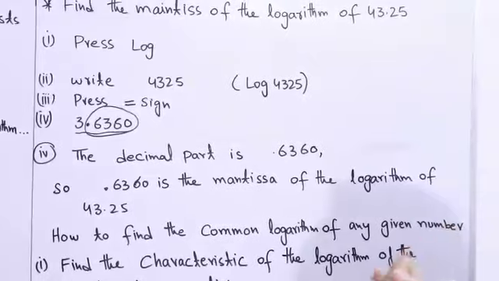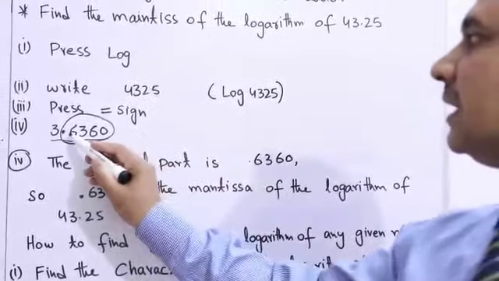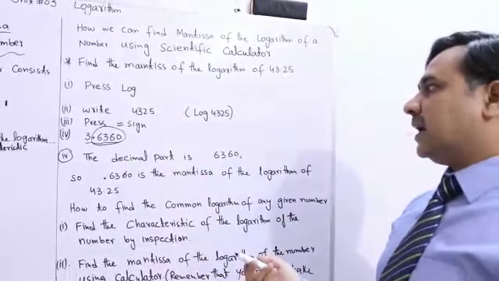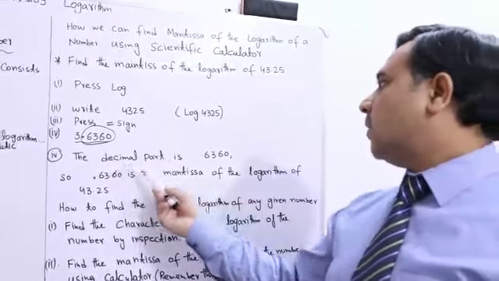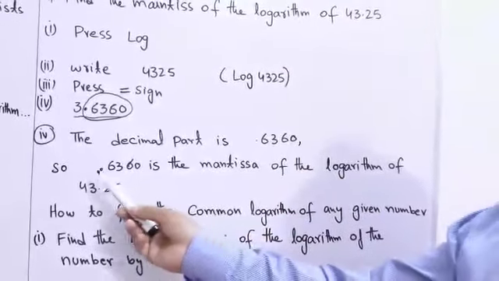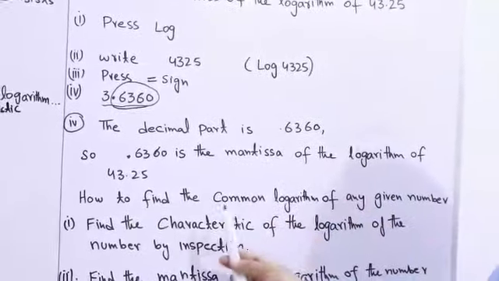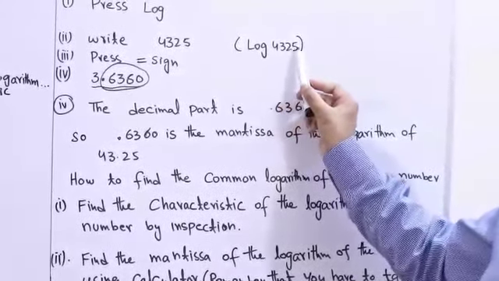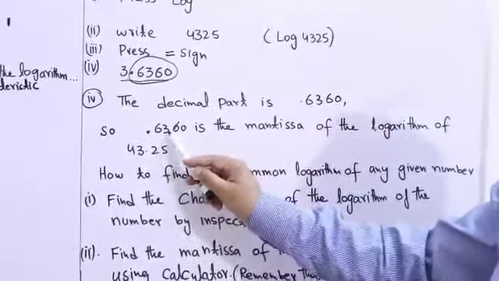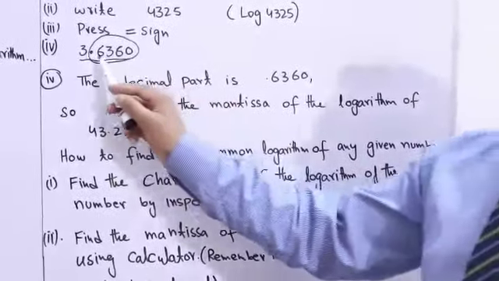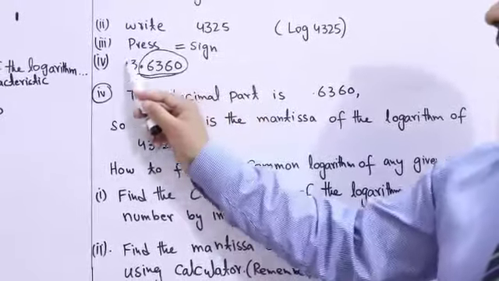You have to note only this decimal part, that is 0.6360. So we can say that the mantissa of 4325 is 0.6360. You have to write only the decimal part, not the integral part.